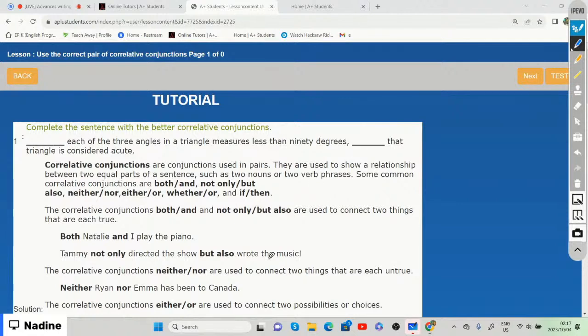And the correlative conjunctions both and, and not only but also, are used to connect two things that are each true.